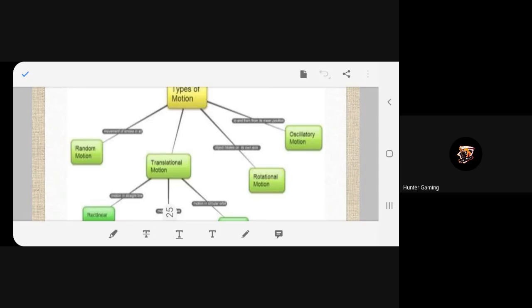Now, what is random motion? Can you say what could be random motion? For example, there's a butterfly, right? The butterfly is not following a path, it goes anywhere. When it goes anywhere, it is called random. You understood now? There's no path as such. That's why it is called random.